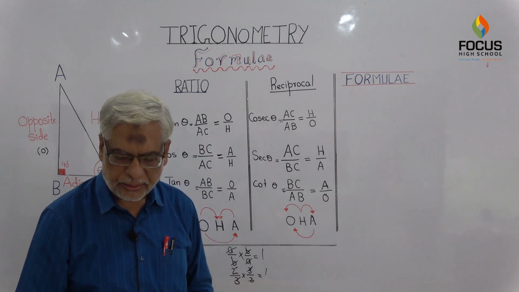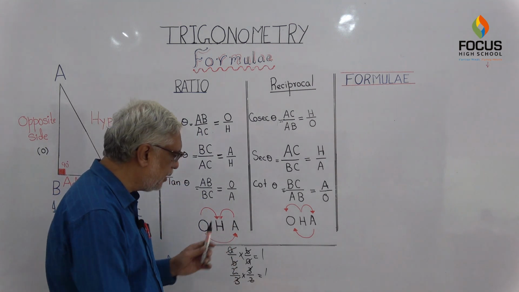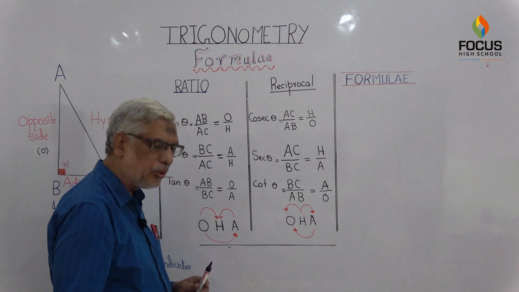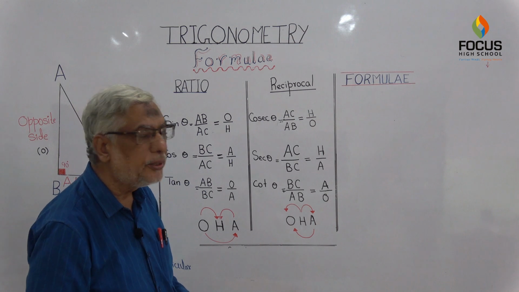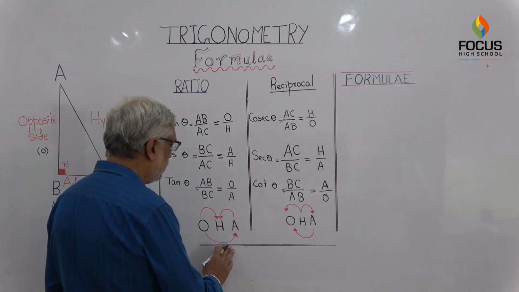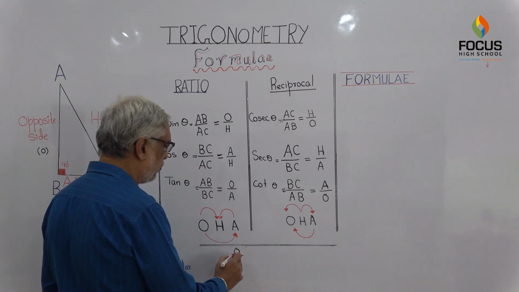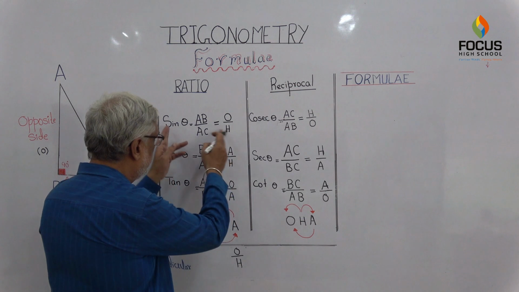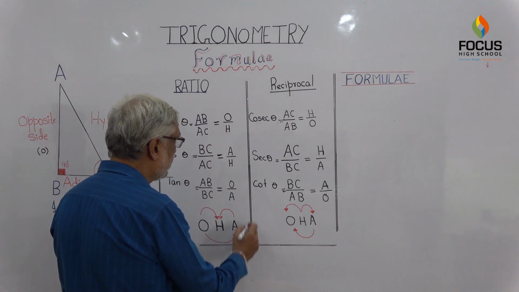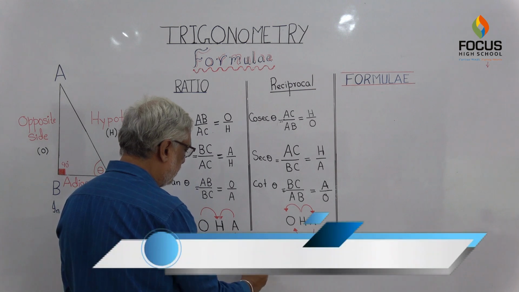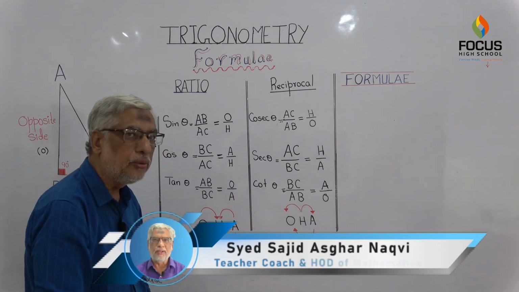Okay. Now, in our case also, we have a ratio and its reciprocal. So, what will be its product? Let me write in abbreviations so that it will be easy for me to write. Ratio is opposite by hypotenuse, O by H, which is sine, multiplied by its reciprocal, which is H upon O. So, what will be the product? Can you tell me the product now?